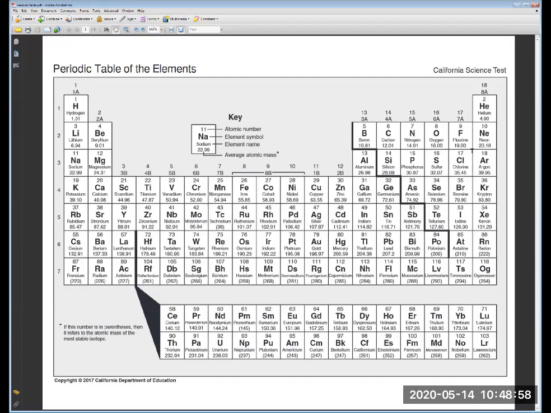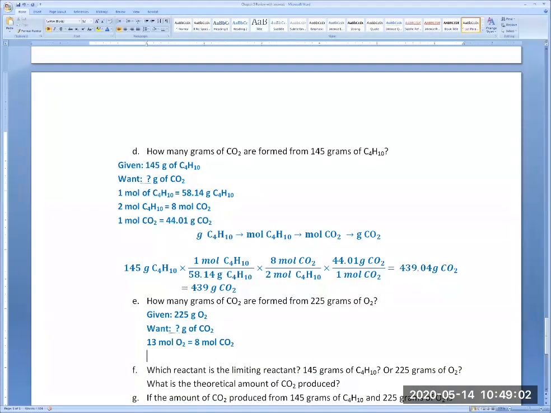Let me go back here. So it's going to be 1 mole of O2 is 32.00 grams of O2. Right? So oxygen, we say oxygen, but it's O2. It's 2 atoms of oxygen making a diatomic molecule.